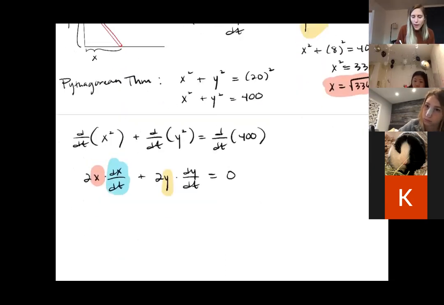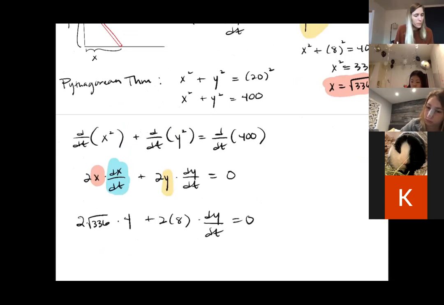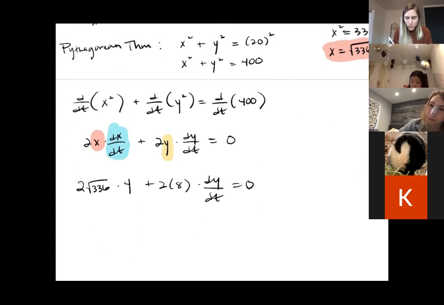So plugging all those values in, okay. And then just simplifying a little bit, that would be 8 root 336 plus 16 times dy over dt equals 0.